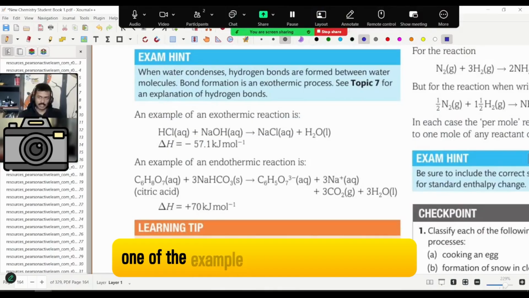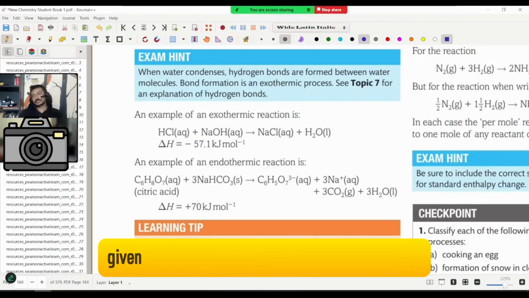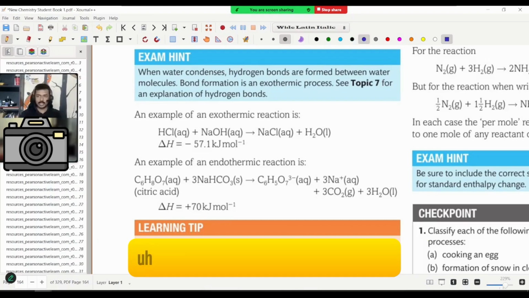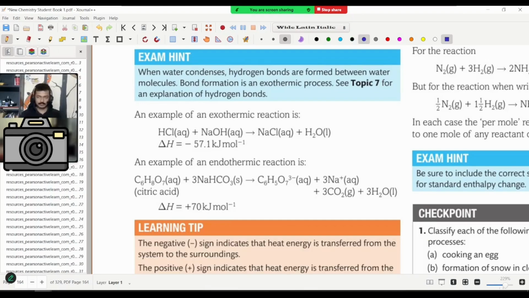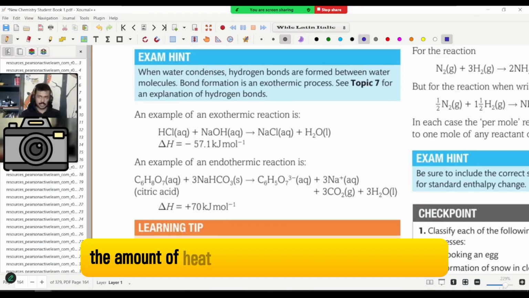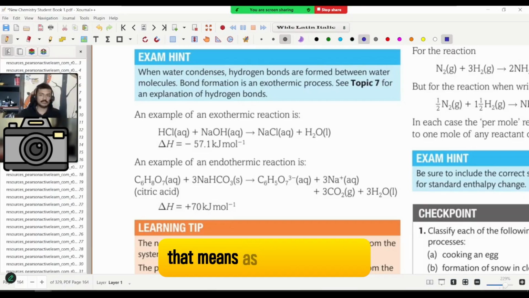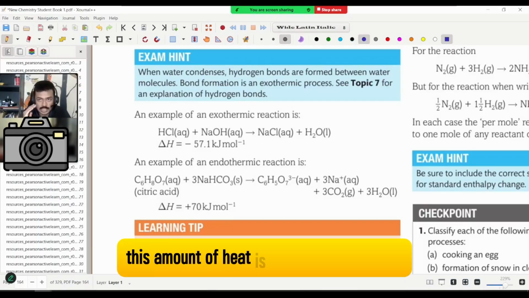One example of exothermic reaction is given: hydrochloric acid plus sodium hydroxide produces sodium chloride and water. The amount of heat it produces is 57 kilojoule per mole. But as it released heat to the atmosphere, that means from its system, this amount of heat is erased or deleted.